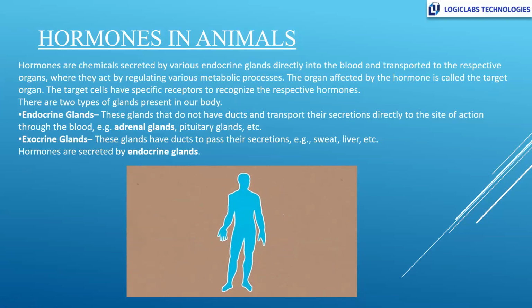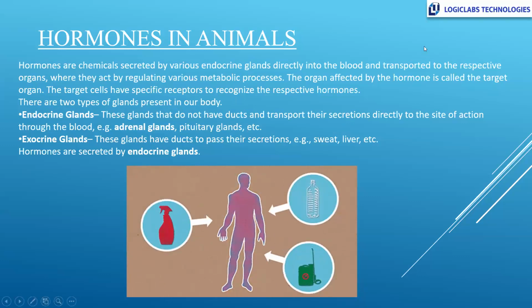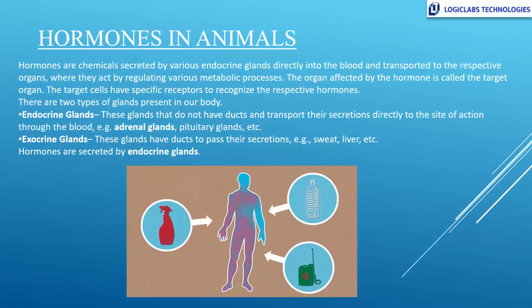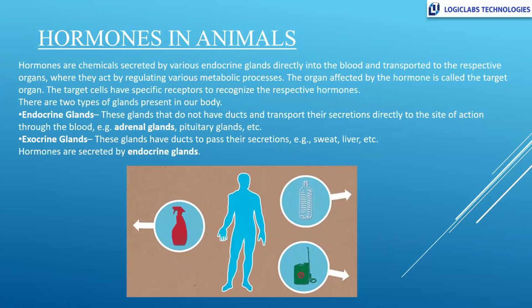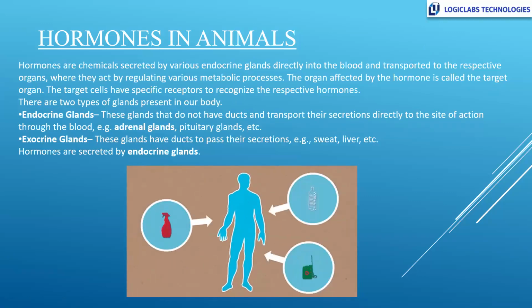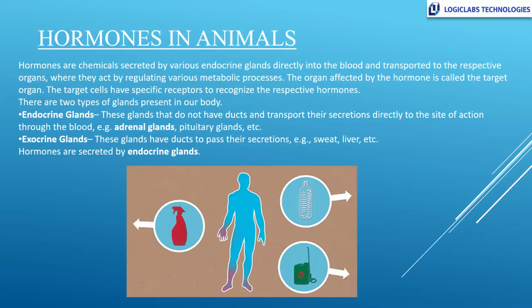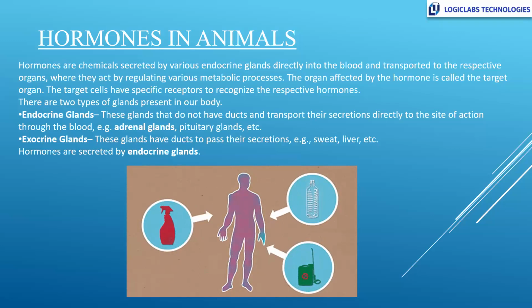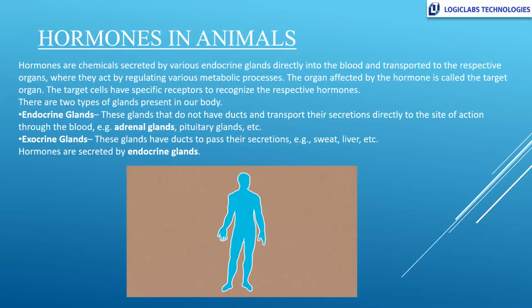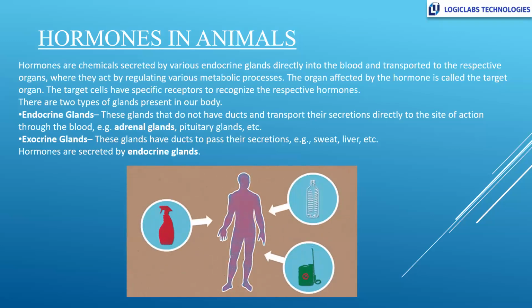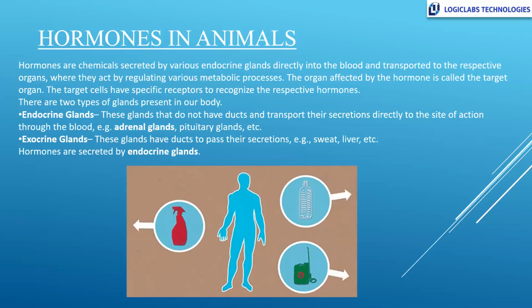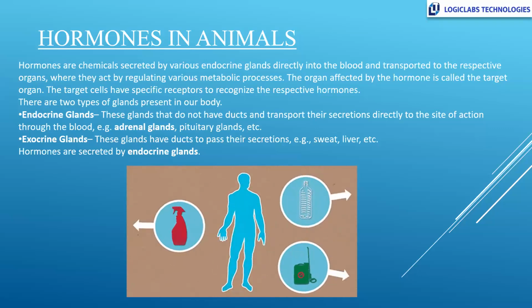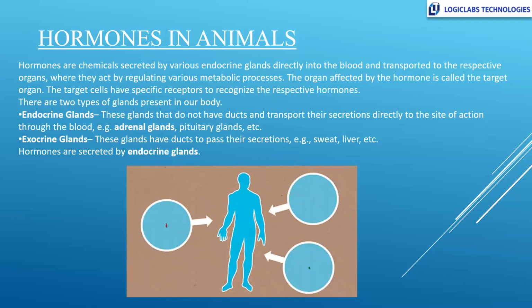Ducts are like water pipes, a transport system for the flow of water. In endocrine glands we don't have that transport system, so they directly send secretions wherever it is needed, through the blood.